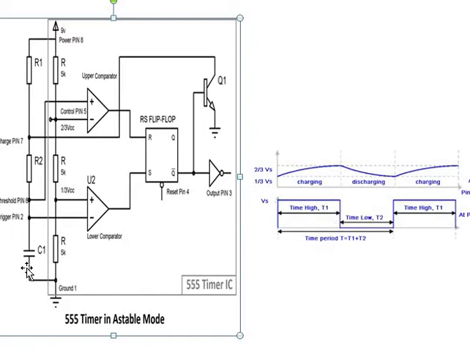After a time period of T2, the voltage across this capacitor is slightly lower than 1/3 VCC. Again, the lower comparator output becomes 1 and the flip-flop is set, Q bar becomes 0 and the output becomes 1. And the process repeats. This is how the 555 IC timer operates in astable mode of operation.